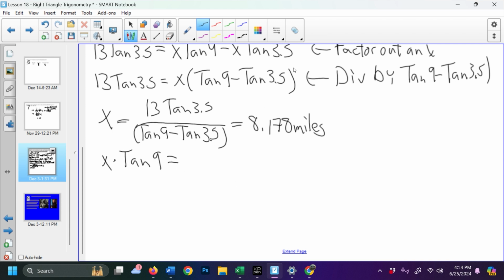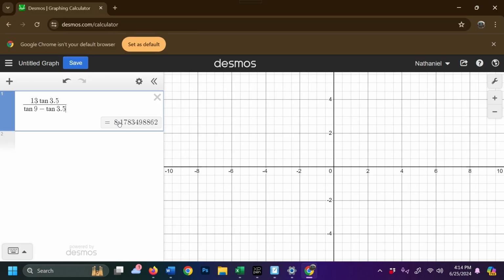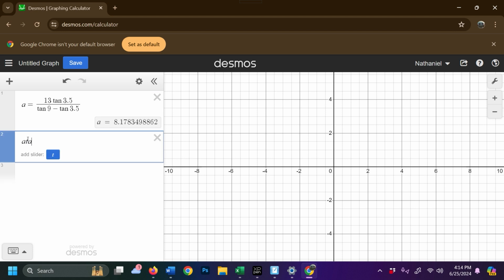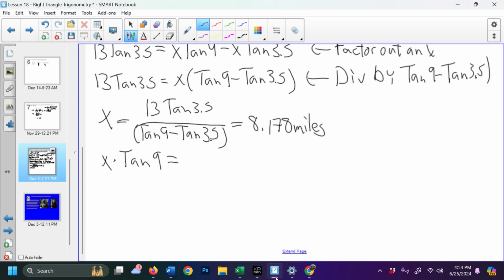So when I go back to decimals, I want to use all of these numbers in my final answer to get the best answer possible. So I'm going to go a equals, and then I'm going to go a tangent 9, and that's going to give me 1.295, and in this case 1.295 miles tall.